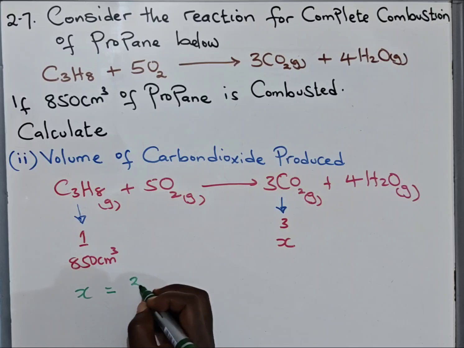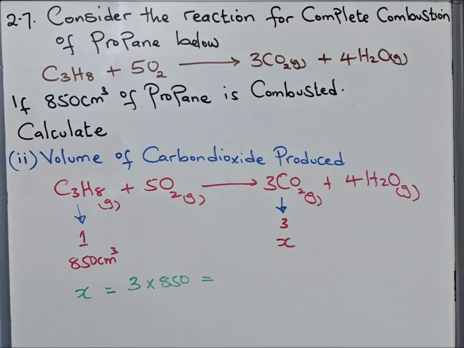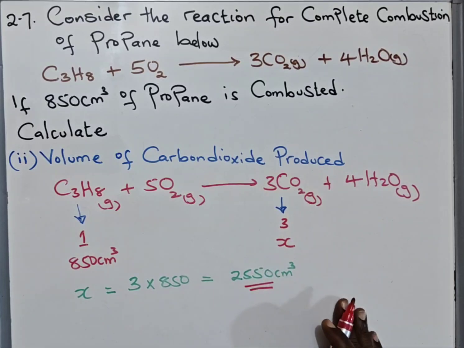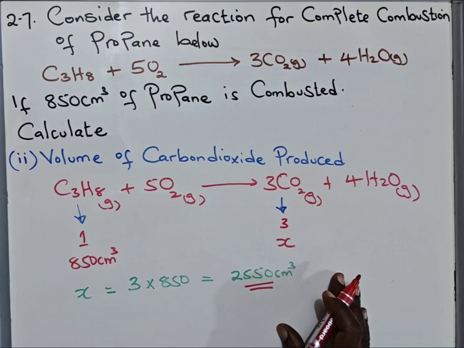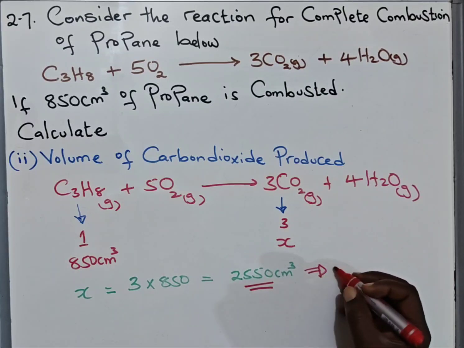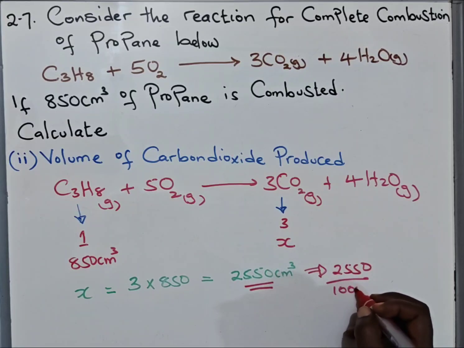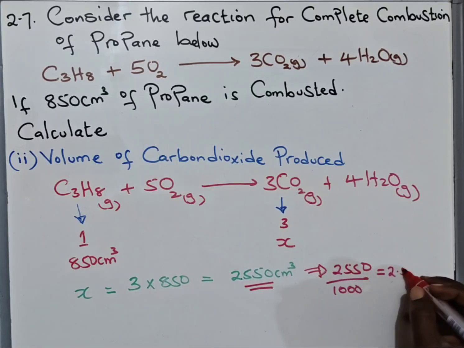You're going to get 3 times 850. Yeah. So this is what we get, which is 2,550 cubic centimeter. And if we wish to have it in cubic decimeter, we divide with 1,000, giving you 2.55 cubic decimeter.